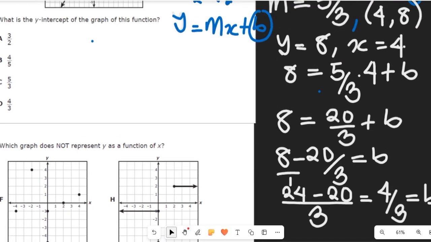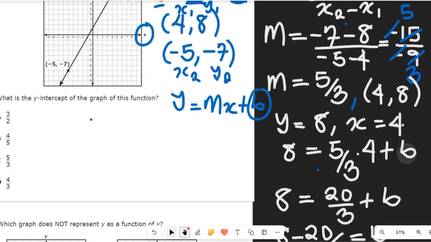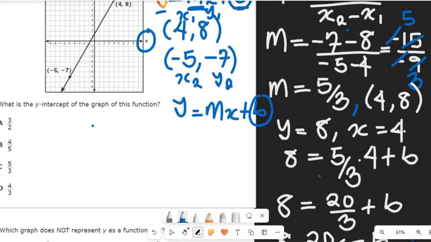Right? So we can still decide to use the second coordinate point. If you use the second coordinate point, you're going to have m as 5 divided by 3, y equal to -7, and x equal to -5.